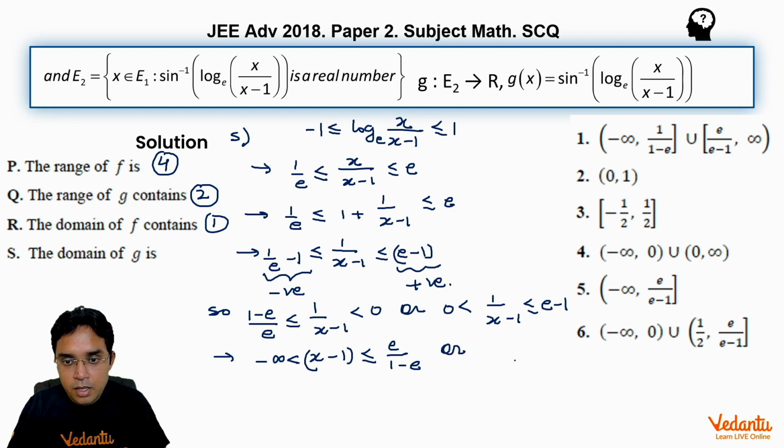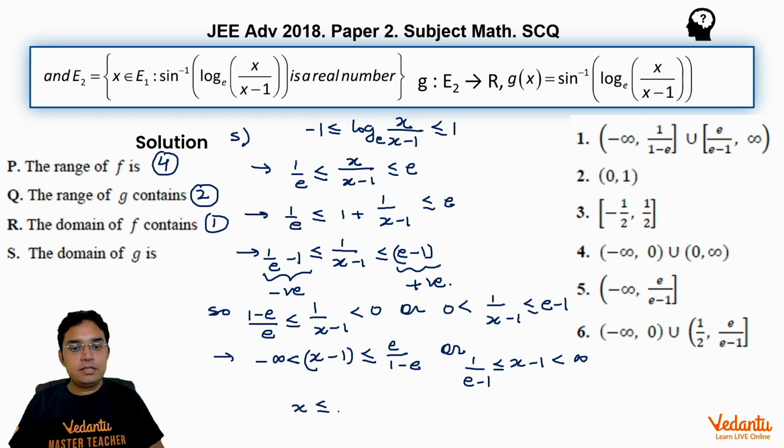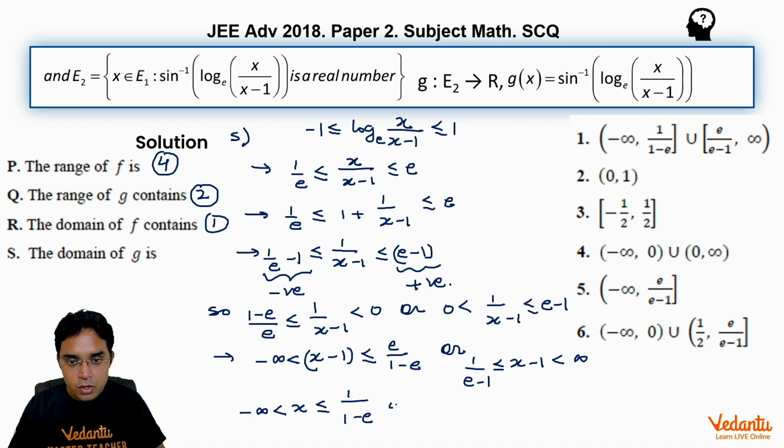Or here we will get x minus 1 to be less than infinity, greater than or equal to 1 upon e minus 1. Okay, so if I add 1 to both sides, I get x less than or equal to, after adding 1 I think we will get 1 upon 1 minus e, and it should be greater than minus infinity. Or here if I add 1 both sides, this side it will be infinity. On the other side, it will be e upon e minus 1. So this is the domain for this function g.